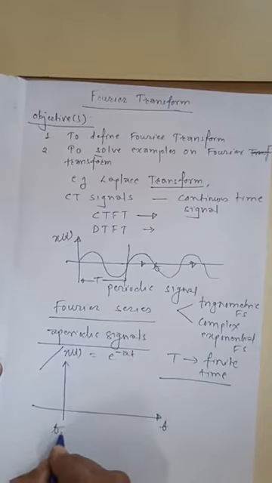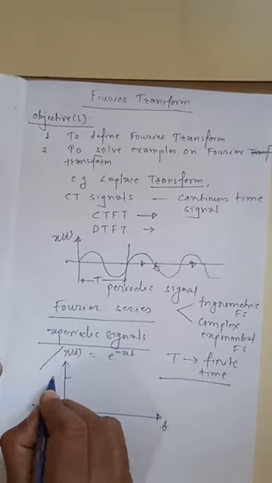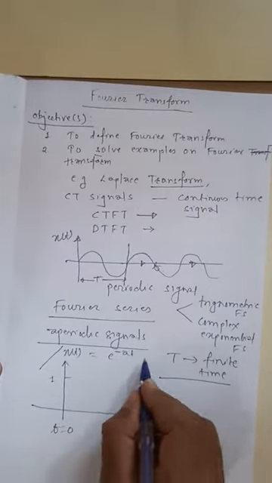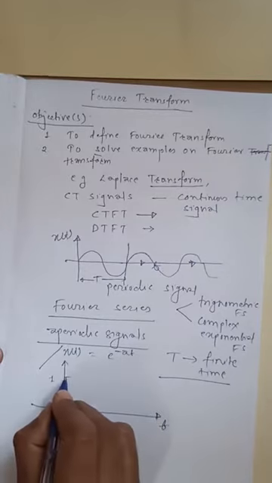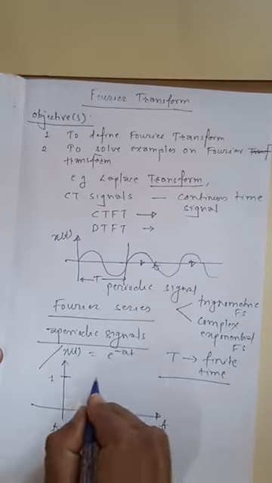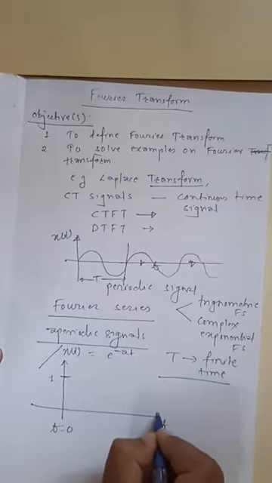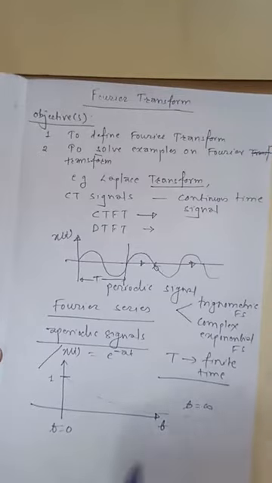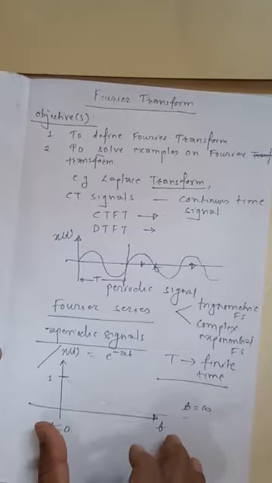At t equals 0, e raised to 0 equals 1. If you put t equals infinity, e raised to minus infinity equals 0. So it starts at t equals 0 and reaches the 0 value when t equals infinity. It is not repeating.